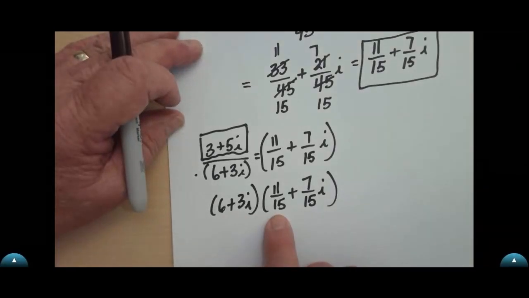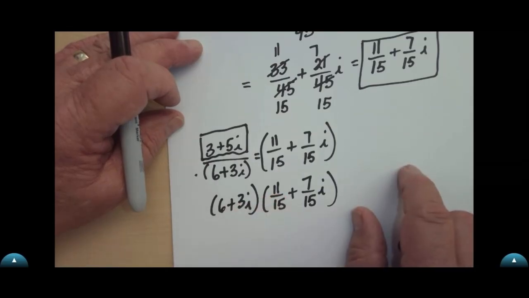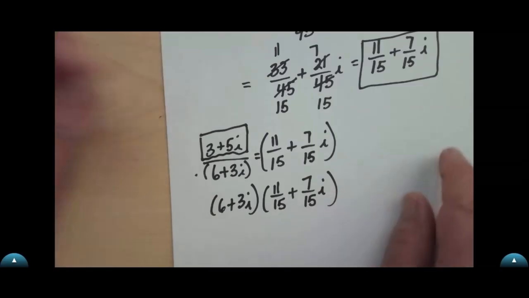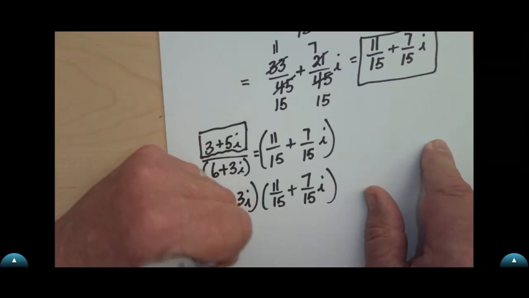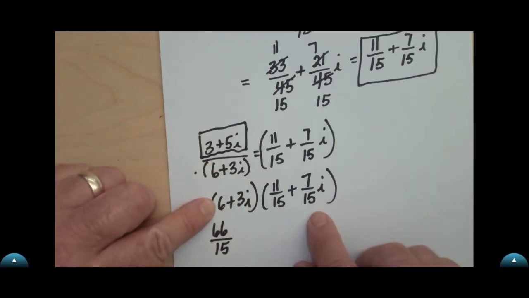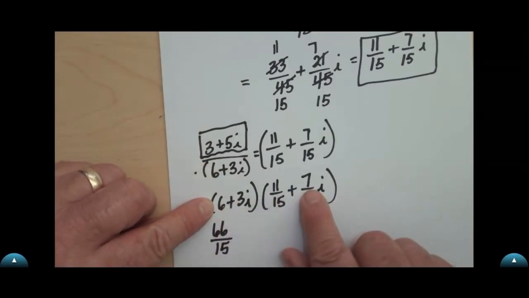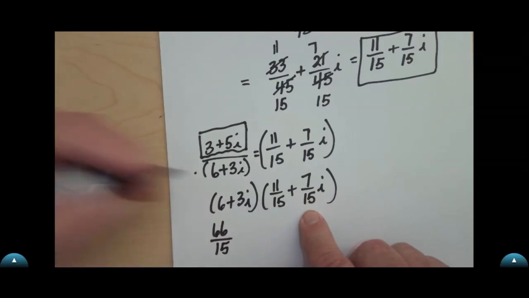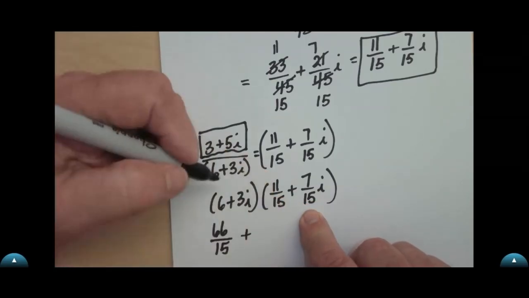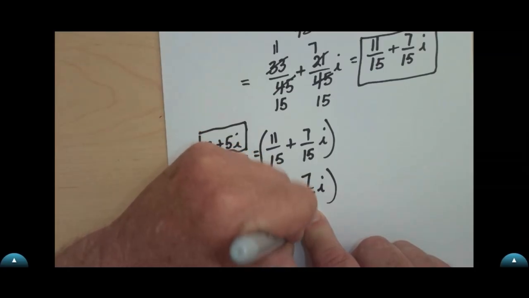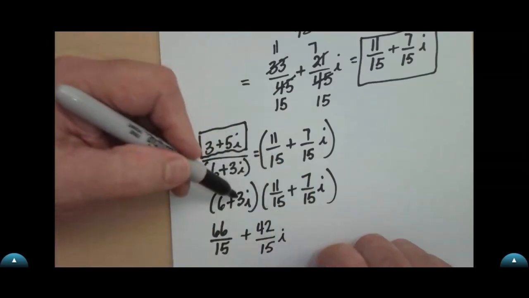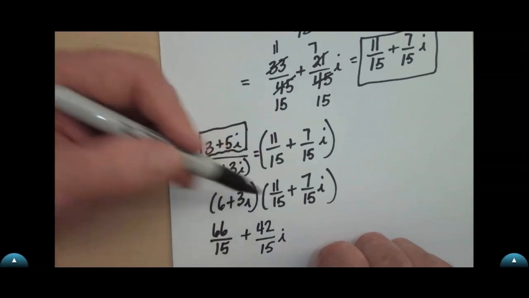When I do 6 times 11 over 15, well, that's 6 over 1 times 11 over 15. 6 times 11 is 66 over 1 times 15 is 15. So we get 66 over 15. Then we do 6 times 7 15ths i. Well, 6 times 7 is 42. So we're going to get plus 42 over 15i. Then we're going to do 3i times 11 15ths.